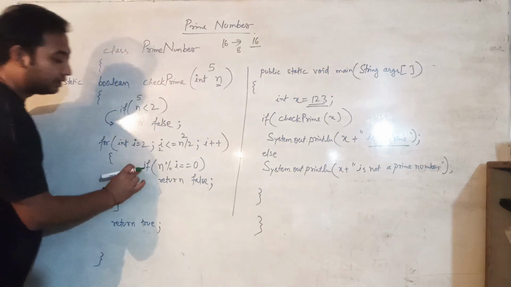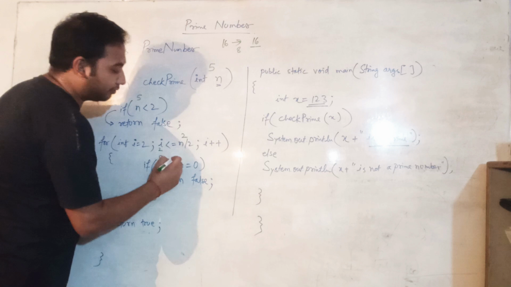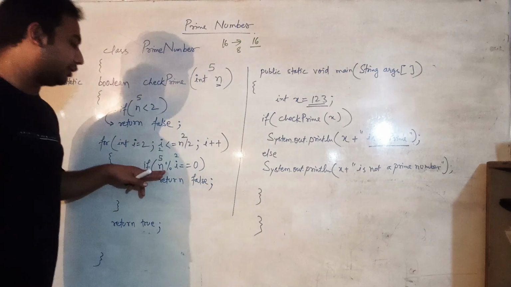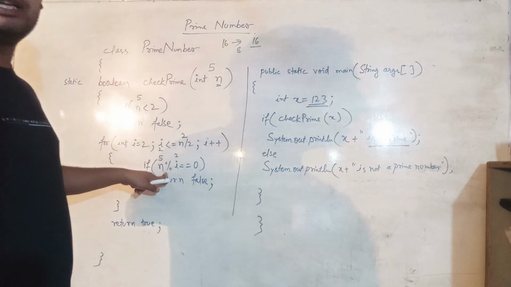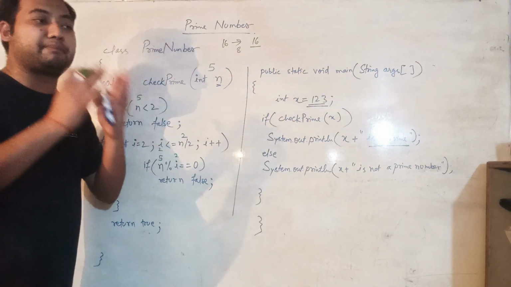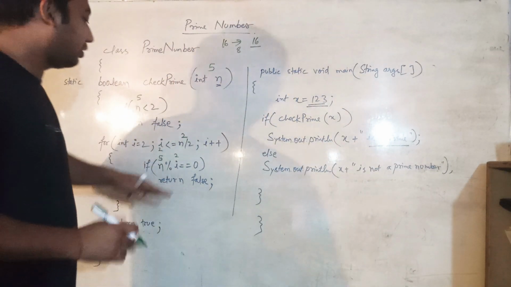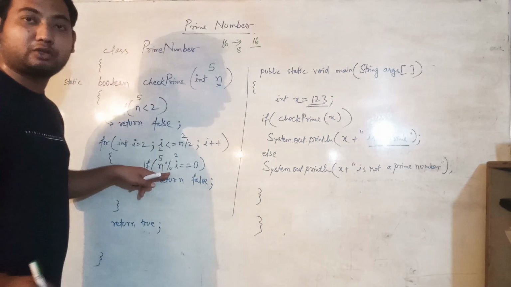Come inside. The value of n is 5 and the value of i is 2. If n is divided by 2, meaning we are using the modulus operator here, and we know very well that if the number is divisible completely, then the remainder will be 0. So for taking out the remainder, we are using the modulus operator over here.